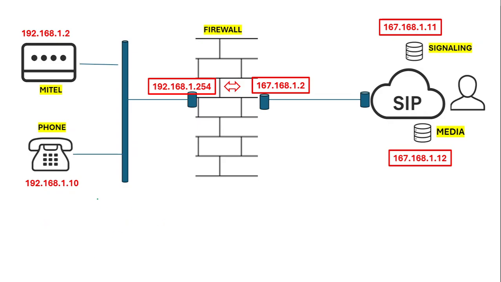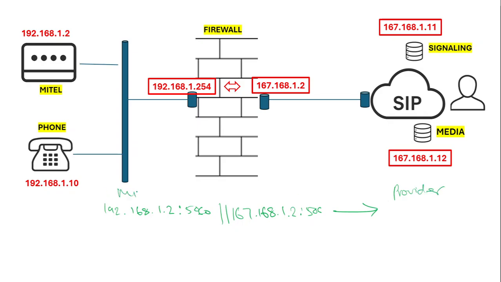So we want the firewall to allow 192.168.1.2 port 5060. We want the firewall to change this to its public IP address, 1.2, port 5060, and then allow it to go to the provider.